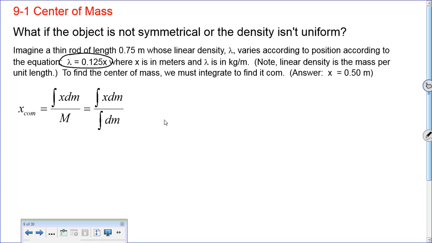A lot of times you won't know the total mass, so the easiest way to find it is to integrate with respect to mass. Integrate what? 1. So check it out. Here, literally, you're integrating 1.